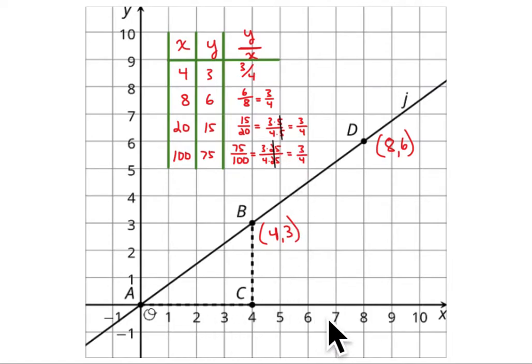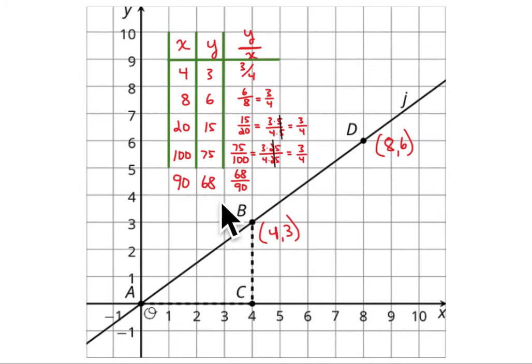So if you go out 100 units, then you go up 75 units, because that is 3/4 of the horizontal length, so it's going to fall on this line. And look here. If you go out 10 units, that's 1/10 of 100. The vertical distance is 7.5 units, which is 3/4 of 10. Makes sense.